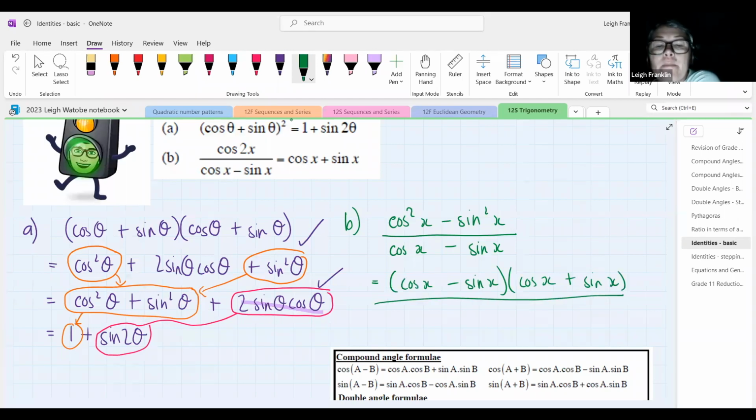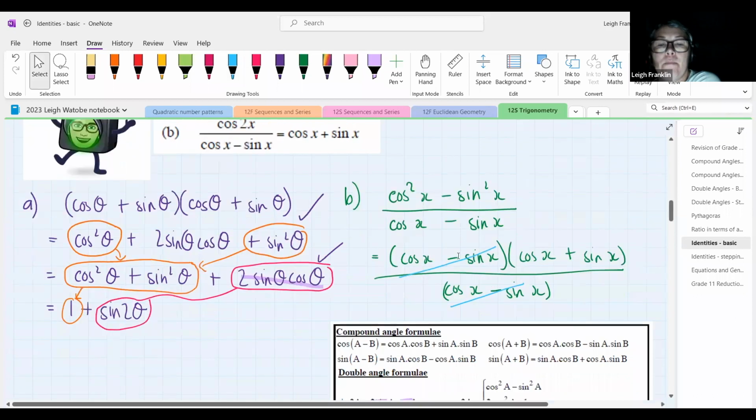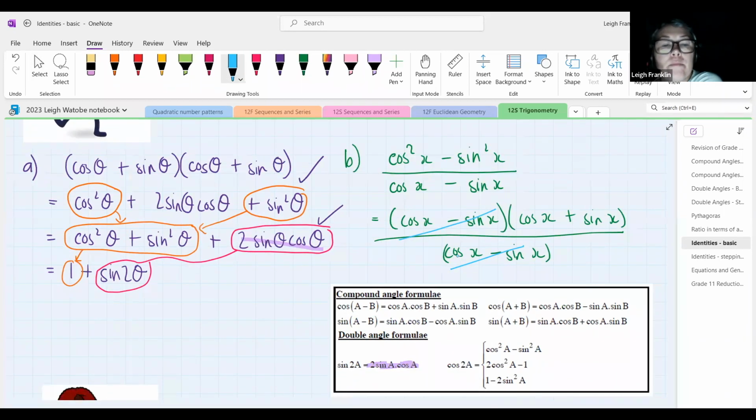Keep going. Lovely. I love what I'm hearing. Then the cos x minus sine x on top cancels out with the one underneath, leaving you with cos x plus sine x.